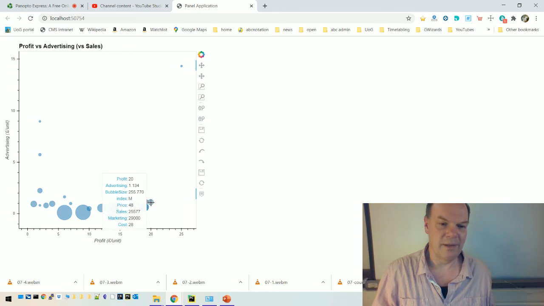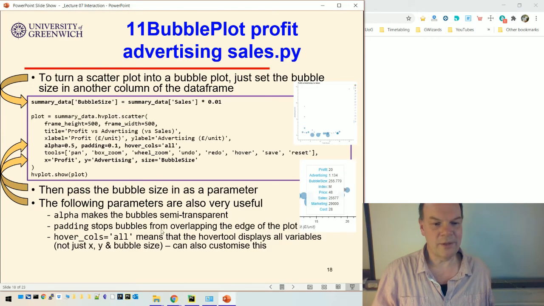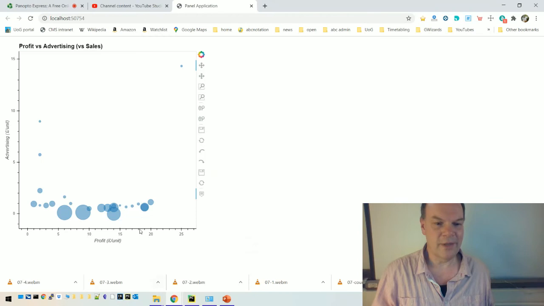So the price, it doesn't tell me about the price. It doesn't tell me about the cost. I can kind of work out some of those things from the profit, but it doesn't tell me exactly what those values are. So by setting the hover calls to be all of them, that will pick out all the features of each bubble and tell me what they are.